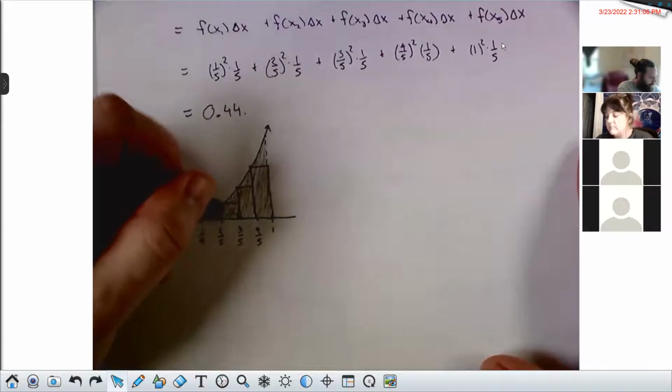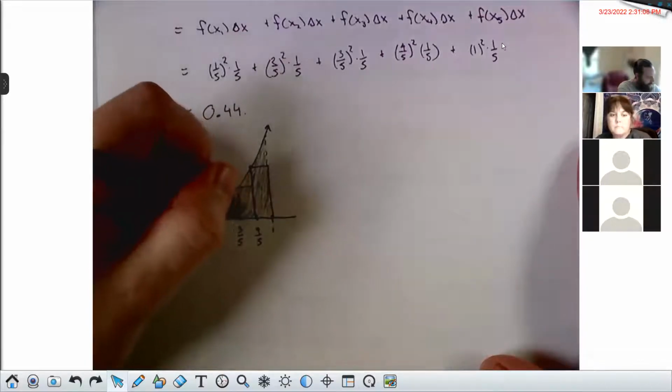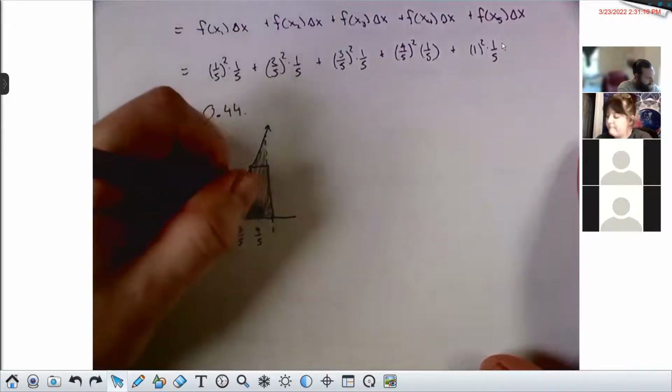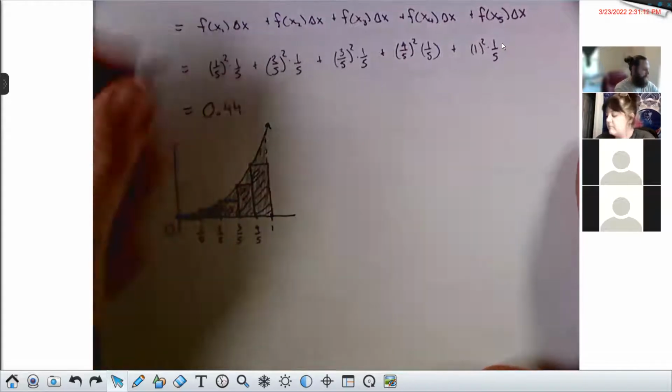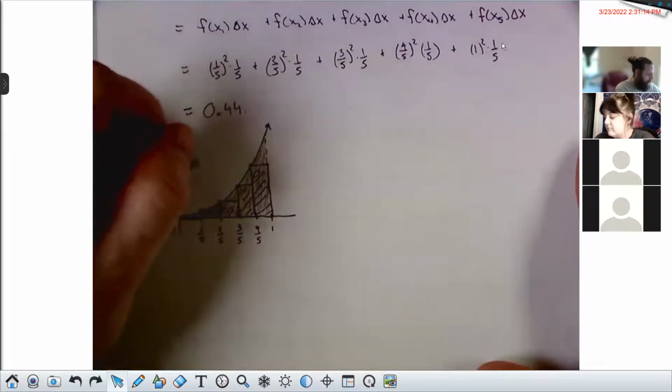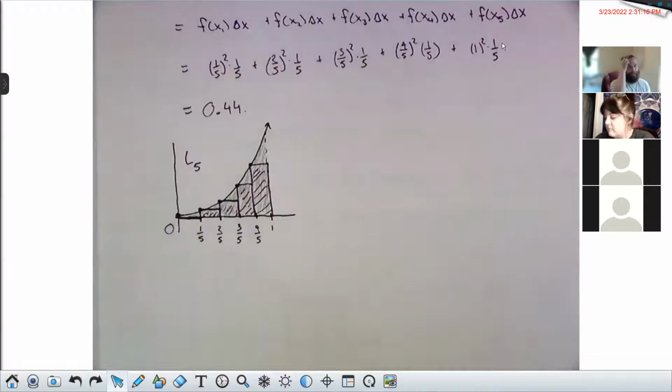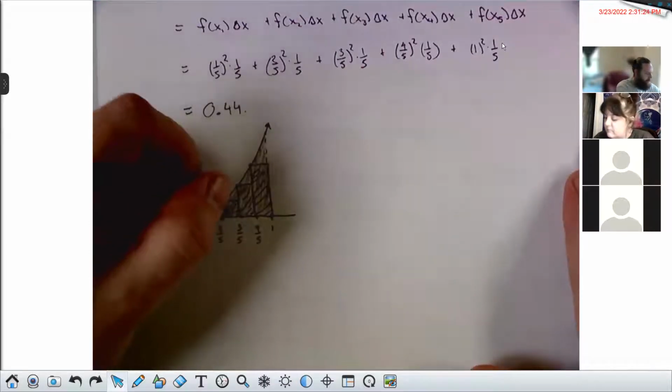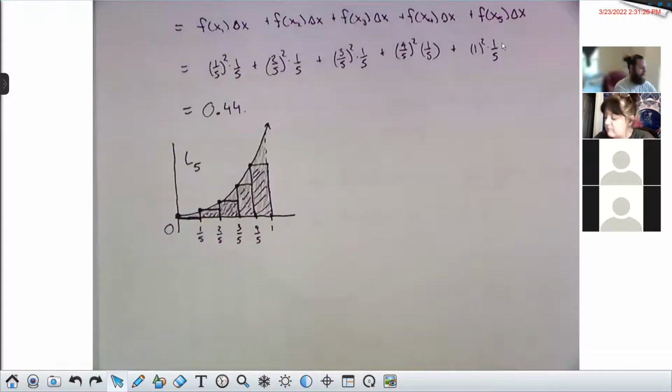So this is the picture for L. And we see that L5 is an underestimate because there's pencil area there that's not being measured in the rectangles, right? The rectangles are missing stuff.